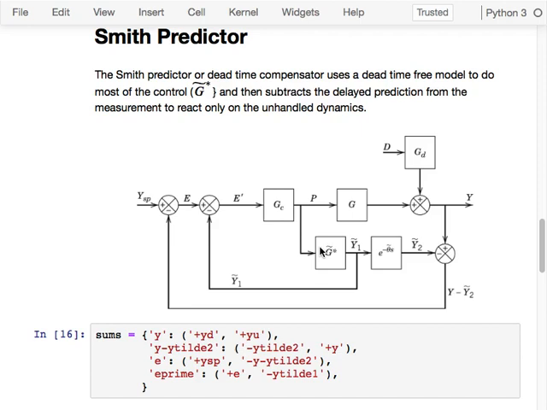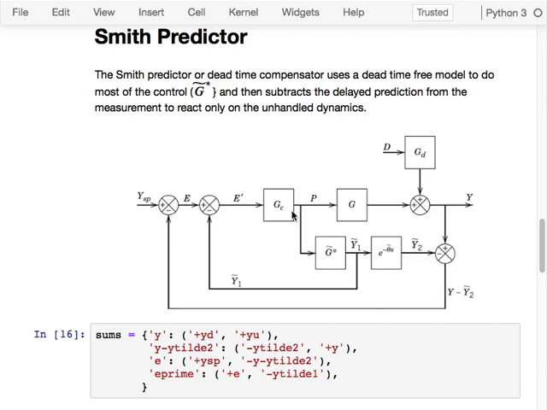So many benefits above IMC. The only downside is that it is a special purpose tool instead of a general purpose tool. So if you understand IMC, you just use IMC for everything. But the downside is that because it's quite a general tool, it's a little bit harder to really comprehend what's happening. There are two versions of the Smith predictor block diagram.